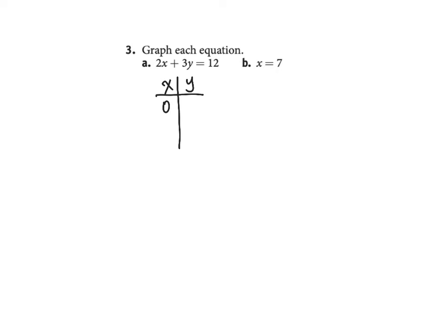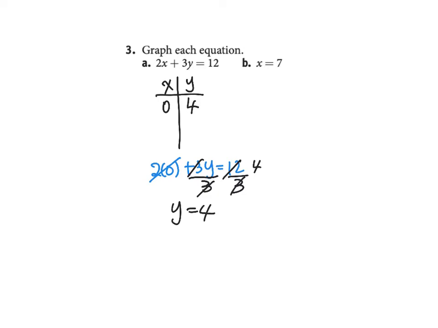Which means you're going to plug 0 in for x. So 2 times 0 plus 3y equals 12. So this will be 0. Divide by 3 on both sides. And this will be simplified as 4. So y equals 4.